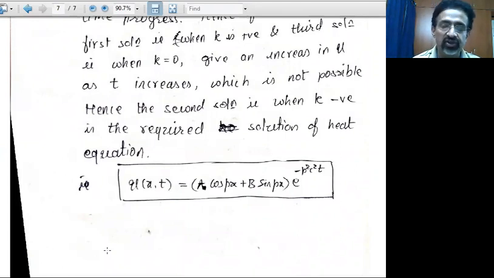In the case of the wave equation, I need del squared u by del t squared and del squared u by del x squared. I substitute in the given equation, then separate the variables as I did here, and get two ordinary differential equations, and solve them. Then I multiply them to get my solution of the wave equation. That we can discuss in the next class.